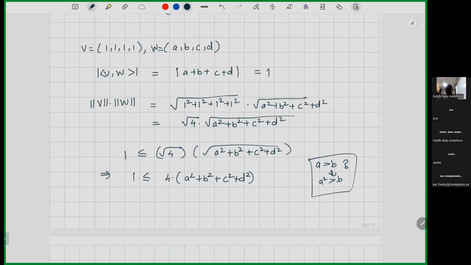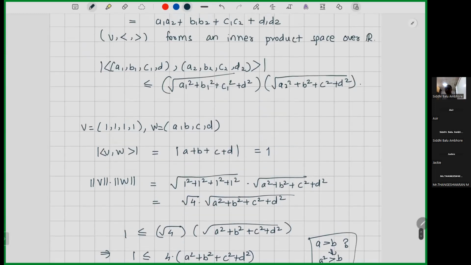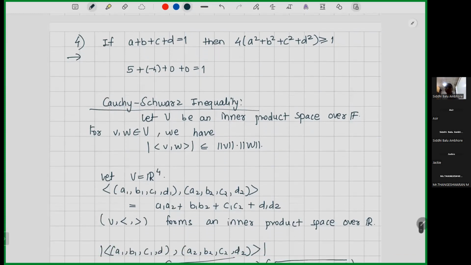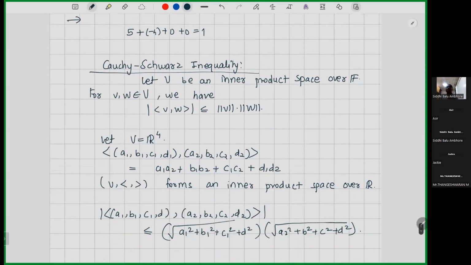And this will give us 1 less than or equal to n into a1 square plus a2 square plus up to an square. So R4 had no significance in general. This can be proved for any V equal to Rn. Is it okay?